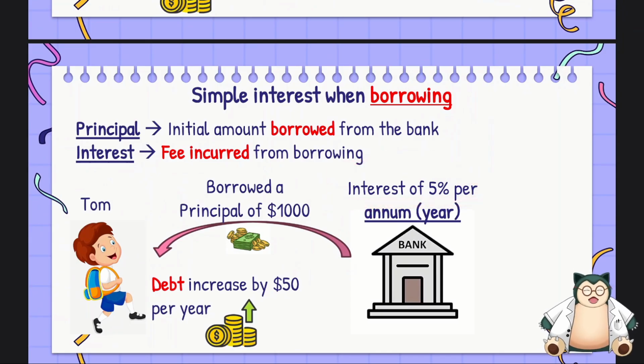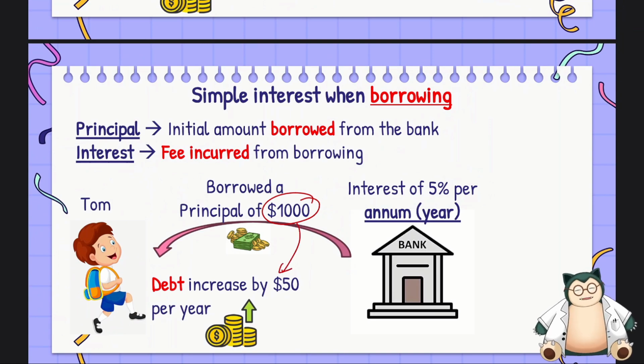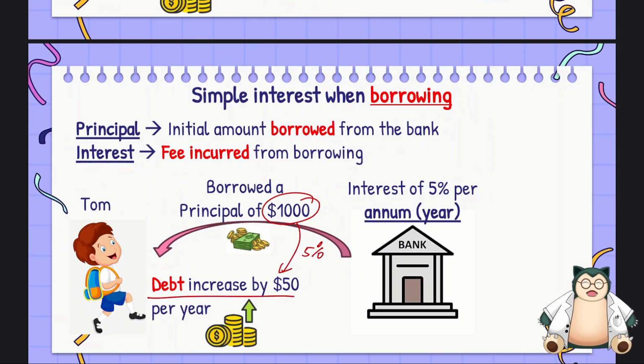In this case, they charge you an interest rate of 5% per annum, which means per year. After one full year, the bank will charge you 5% of the principal of $1,000 as interest, and your debt, which is the amount of money you owe to the bank, will increase by $50.